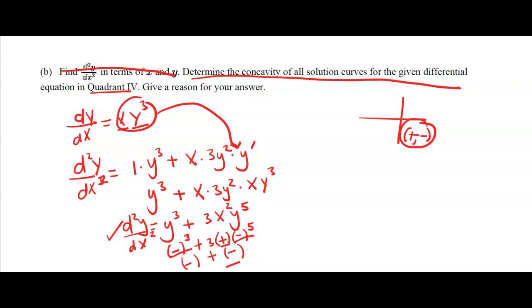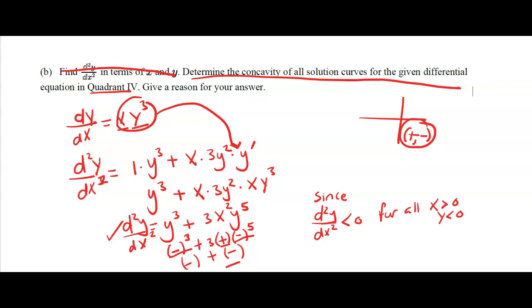So we would say since the second derivative is less than 0 for all x greater than 0 and y less than 0. Now, what does that mean? Greater than 0 means we're on the right side, and less than 0 for the y means we're under the x-axis. So, or you could just say for all x and y in the fourth quadrant, that works also.